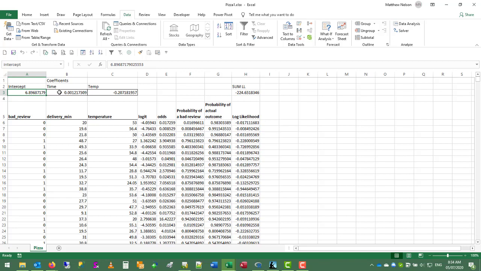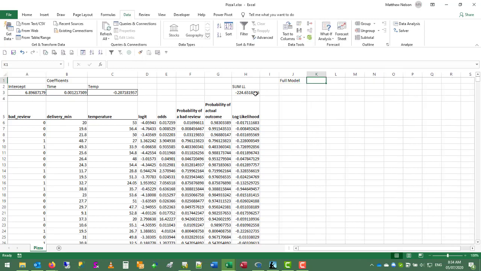Is our model statistically significant or not? Well, we can look at the full model, and the sum of log likelihood that we got was negative 224, which is a very big improvement over negative 408.